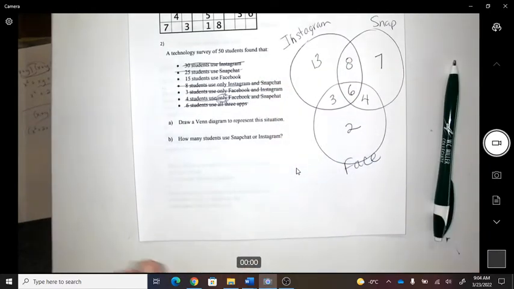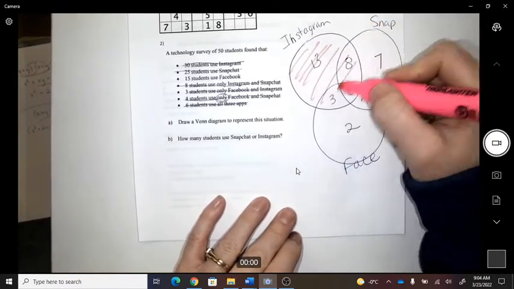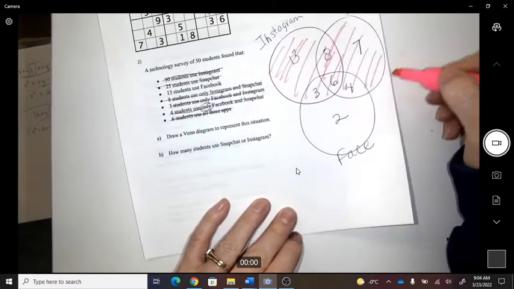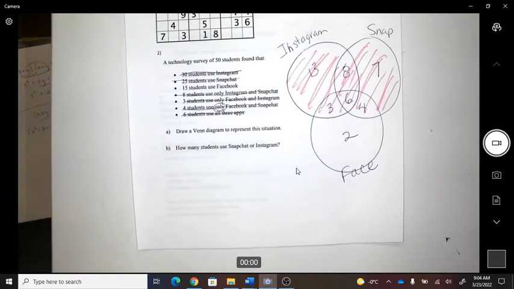Okay, so that's part A, draw. How many students use Snapchat or Instagram? So if I want Snap or Instagram, I want to count any number in that. Anything that's inside a Snap or Instagram anywhere is what I'm looking for.